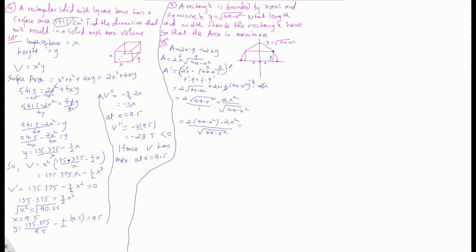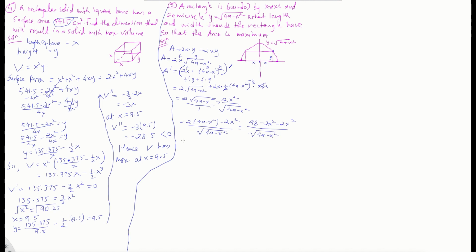If you simplify this, you will get 49 times 2, which is 98, minus 2x squared minus 2x squared, right? That's what you get, and then divided by the root of 49 minus x squared.